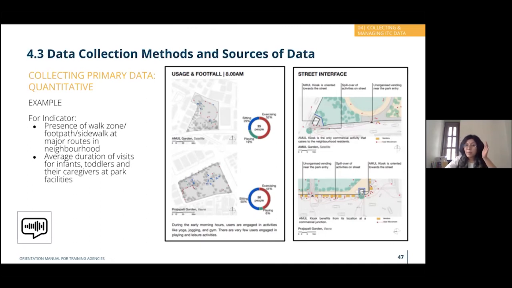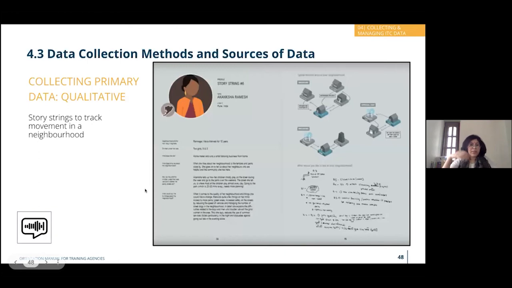Then I will have to mark and observe how much time is that caregiver and that child spending in that park, right? So this will be a more observation based survey that we will have to conduct, and we can also mark, this is an example, cities can also start marking on their parks कहाँ पे ज़्यादा time spend कर रहे हैं, क्यों. So it will all give us very helpful insights about how do we start planning these amenities.